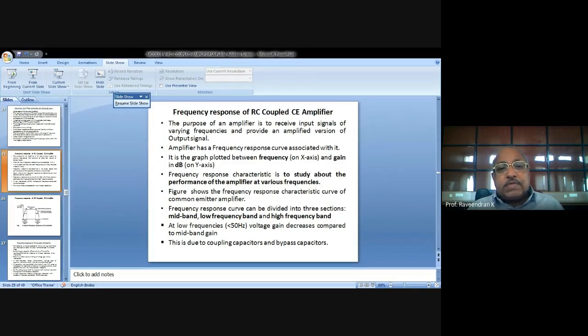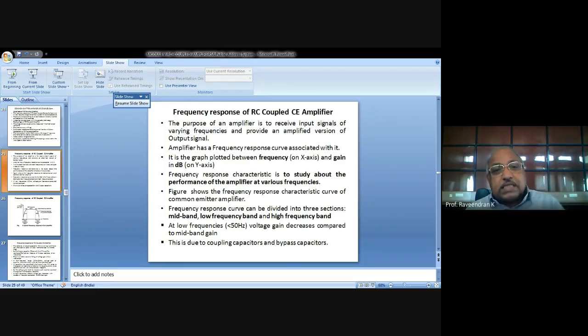When the capacitive reactance is very low, what does it mean? The output resistance offered by the amplifier will be very low, and if it is not matched with the input resistance of the next stage, what happens?